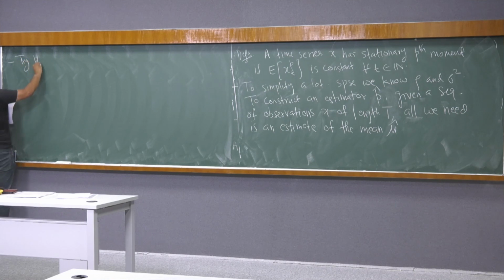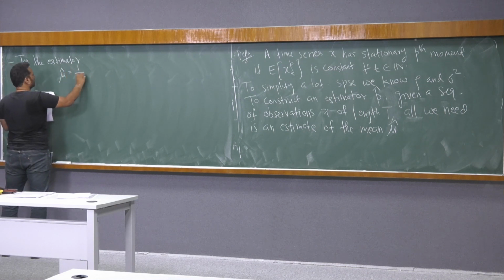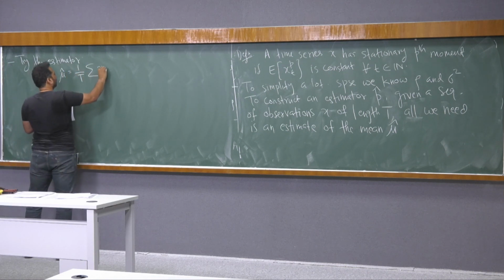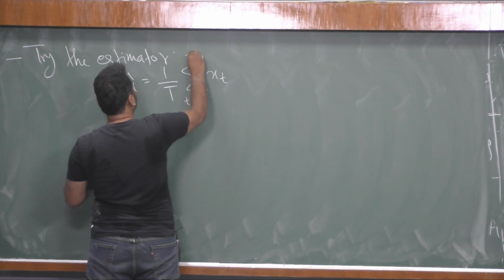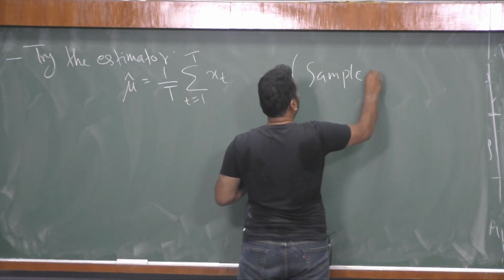So try the estimator mu hat, which is 1 by t, sum over xt, t equals 1 to t. So this is what we know. This is the sample mean that we have seen before.